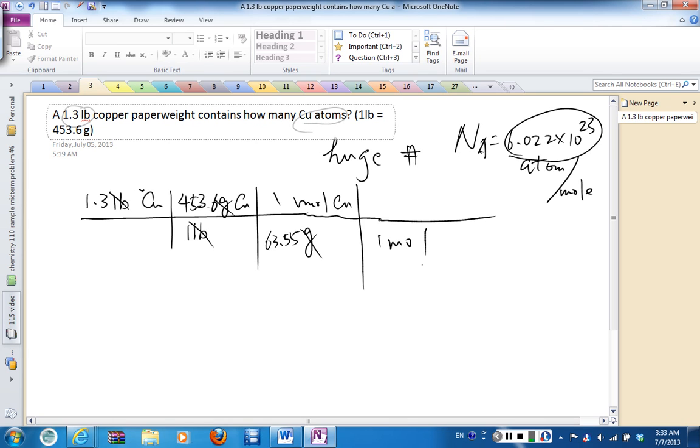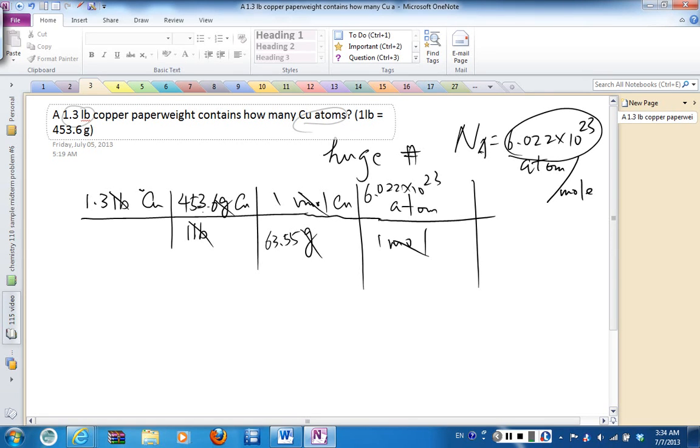Why do we put mole on the bottom? Because what we want to get rid of is this many atoms, 6.022 times 10 to the 23rd. Let's see. Pound canceled, gram canceled, mole canceled. We got copper atoms. Okay.